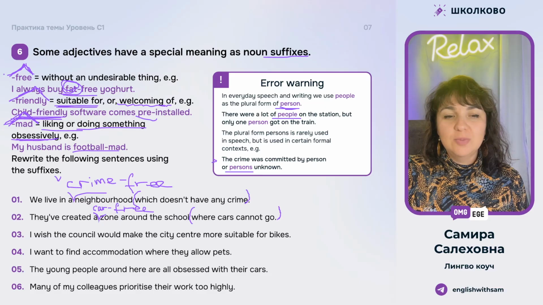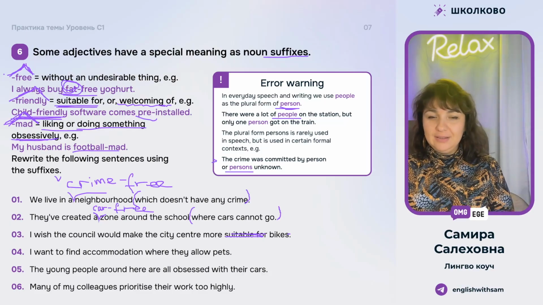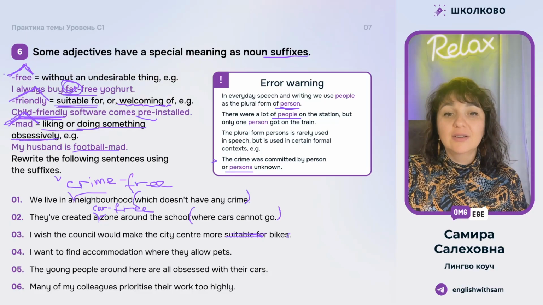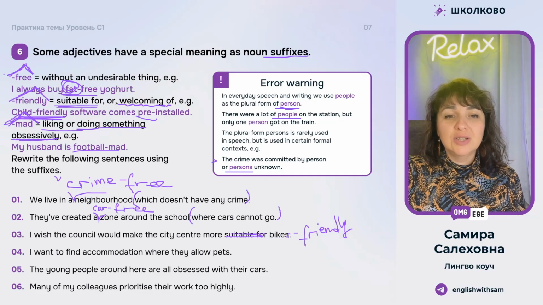Would make the city center more... Okay. Bike friendly. Absolutely right. Bike friendly.